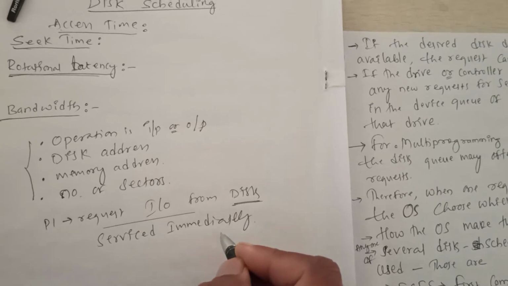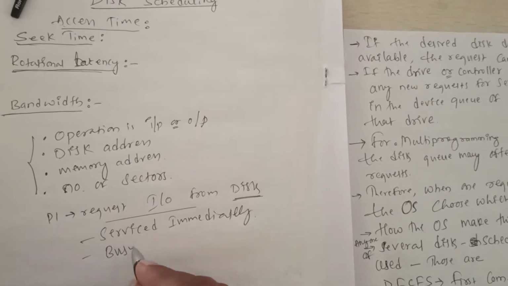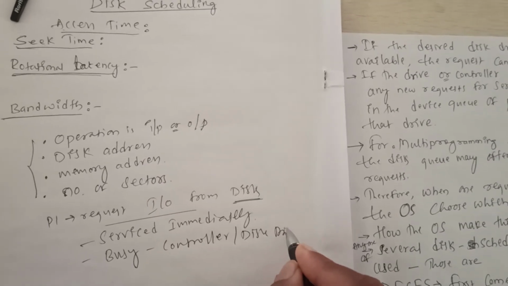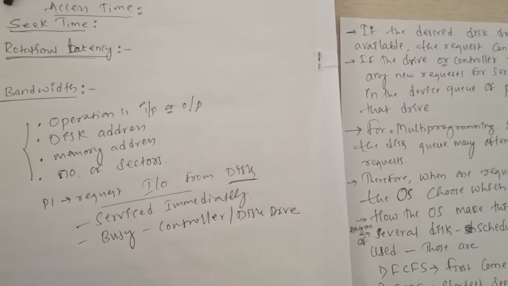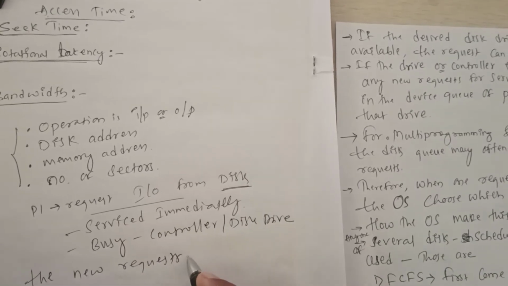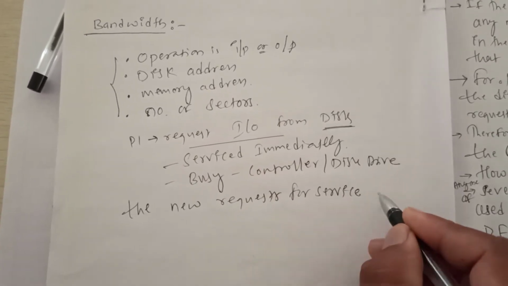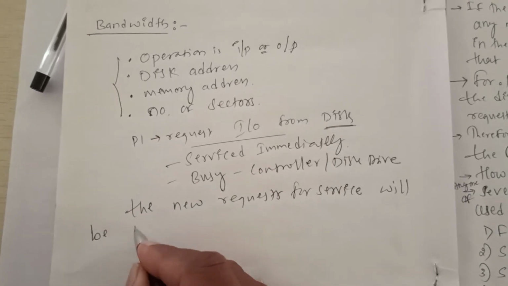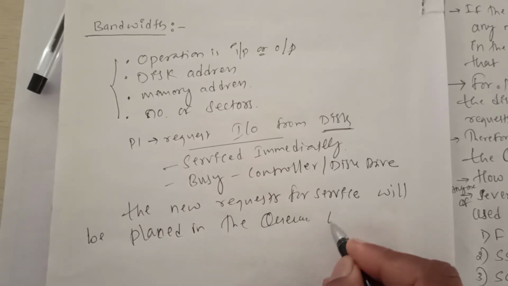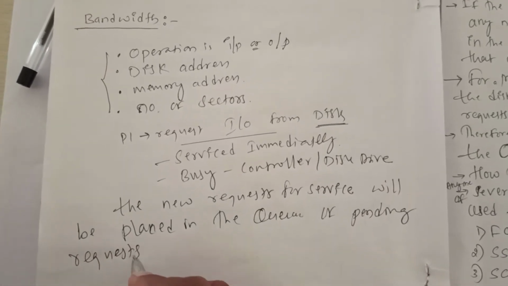Otherwise, if the controller or disk drive is busy, then a new request for service will be placed in the device queue of pending requests.